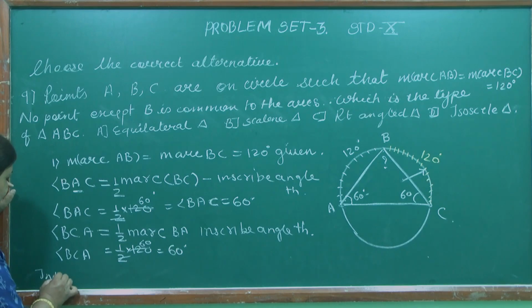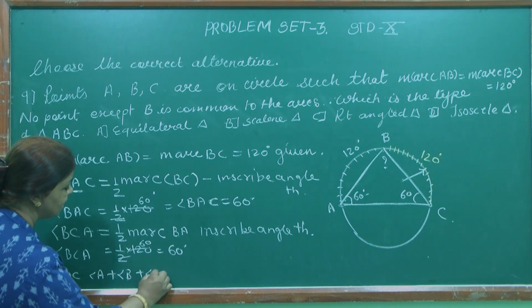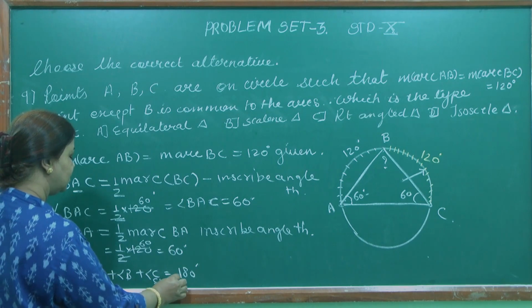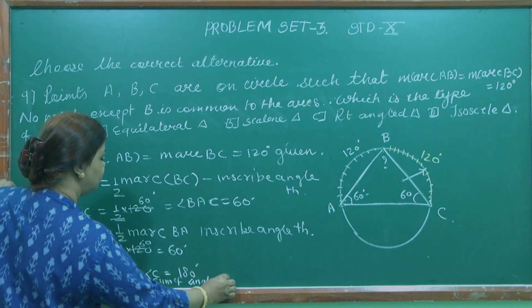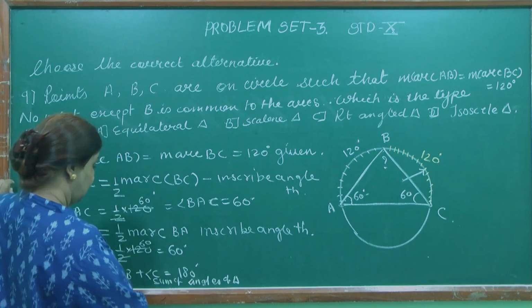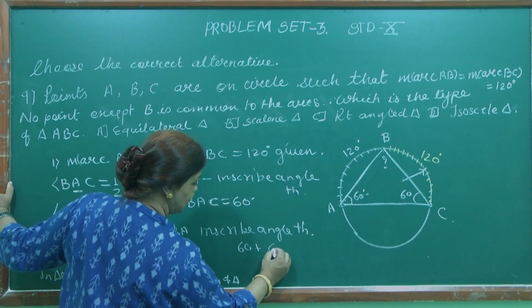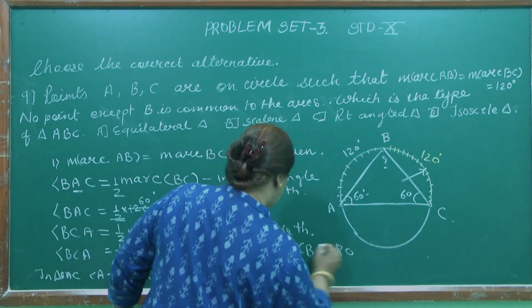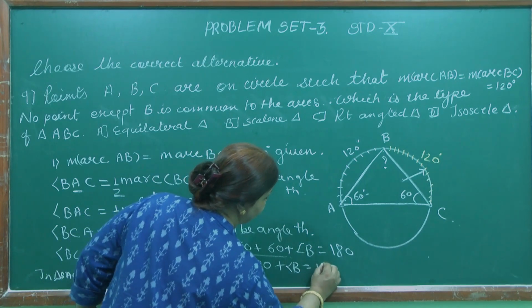Now, in triangle BAC, angle A plus angle B plus angle C is equal to 180 degrees, by the sum of the angles of a triangle. Therefore, A is how much? 60 plus C is how much? 60 plus B, which we want to find out, is equal to 180, that is 120 plus angle B equal to 180.